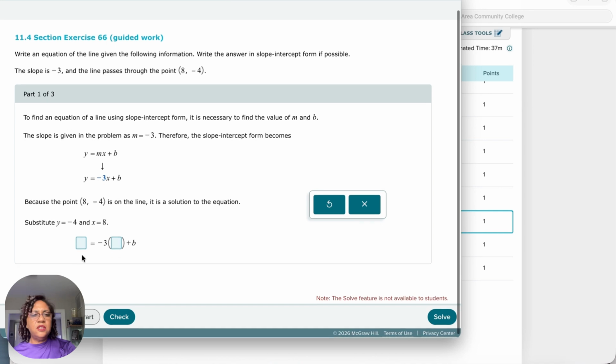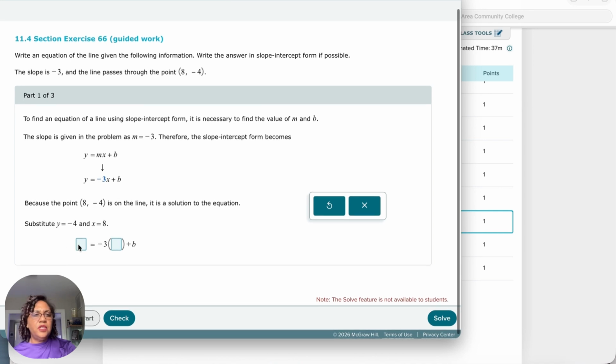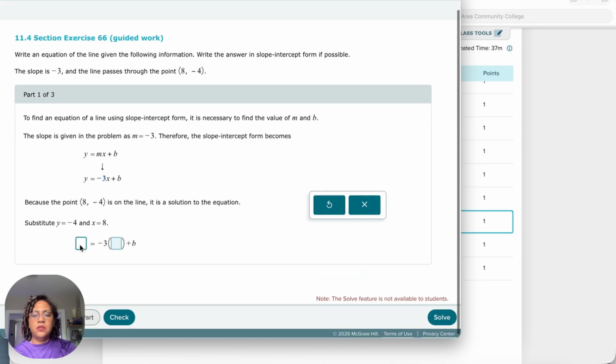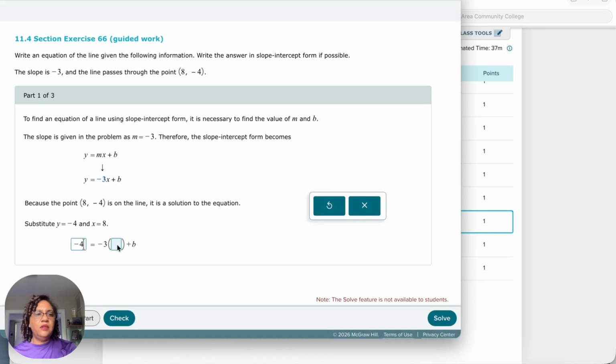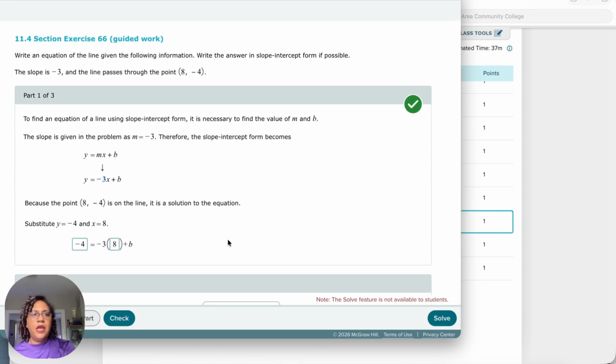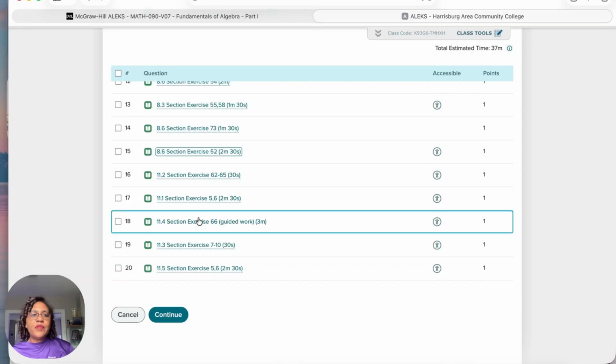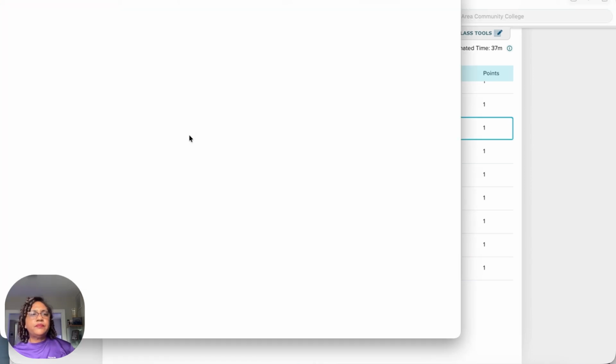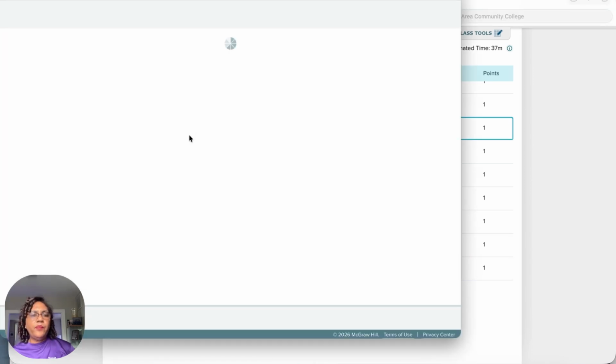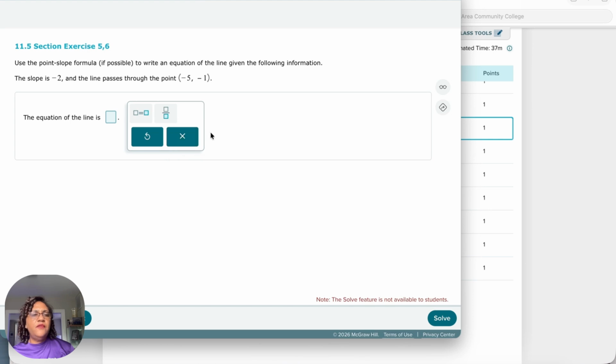I think this is a step-by-step. So for this part, you would put -4, -4, and 8. Okay, so you just need to go through that step by step and figure out what b is. That was 11.4. And then 11.5.